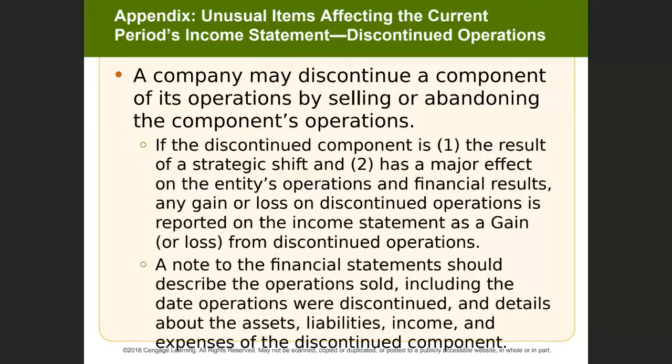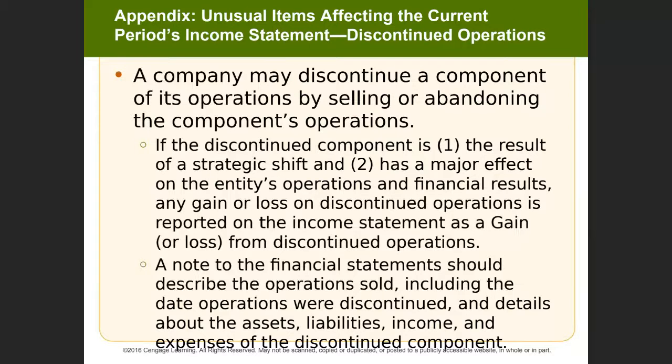A company may discontinue a component of its operations by selling or abandoning it if the discontinued component is the result of a strategic shift and has a major effect on the entity's operations and financial results.